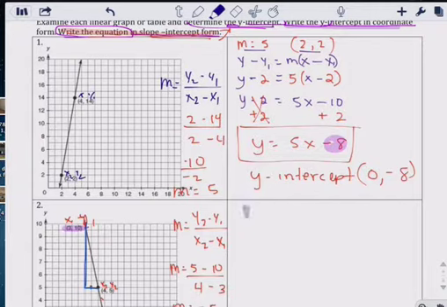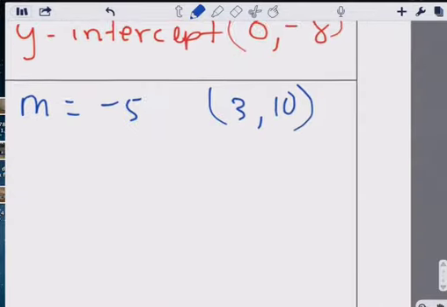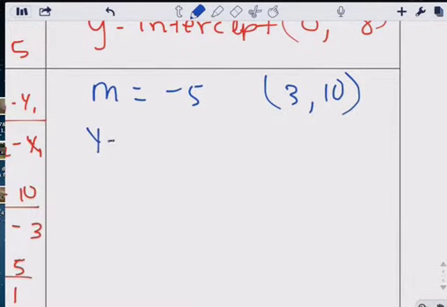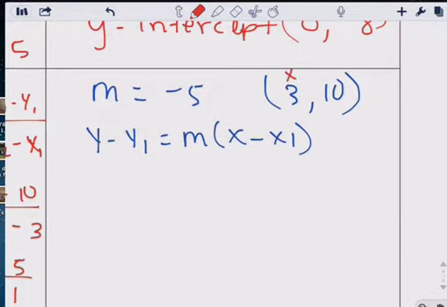Okay, so my slope is negative 5. So I'm going to choose 3, 10 as the point to use. So y minus y1 equals m times x minus x1.